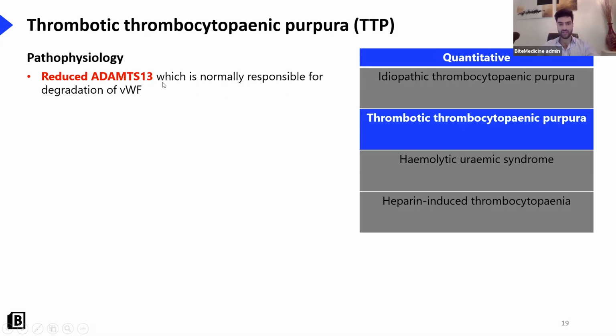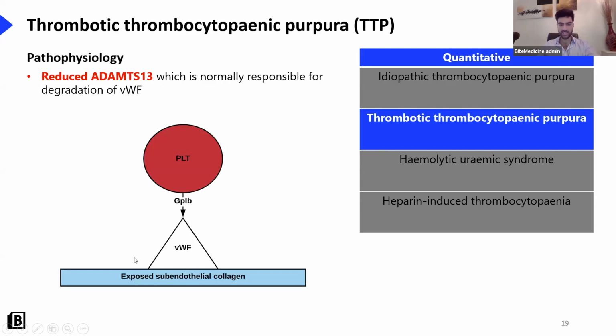This enzyme is normally responsible for degradation of von Willebrand factor. So remember, von Willebrand factor is really important in platelets binding to the damaged area of the blood vessel. If you have reduced ADAMTS13, which normally degrades von Willebrand factor, you're basically going to have too much of that von Willebrand factor around, and that's going to promote clotting.